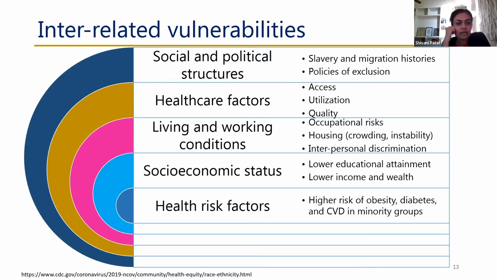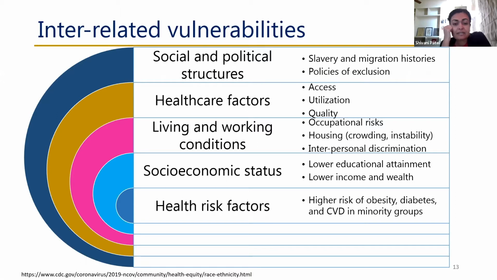Some of the healthcare factors include healthcare access, utilization, quality, living and working conditions, so the occupational risks, the housing, the interpersonal discrimination that minority communities and especially African Americans have experienced, say in Georgia and in the US South.